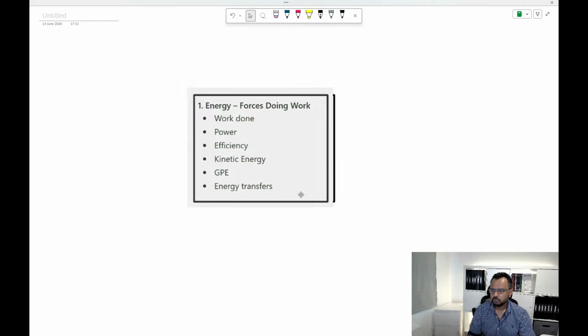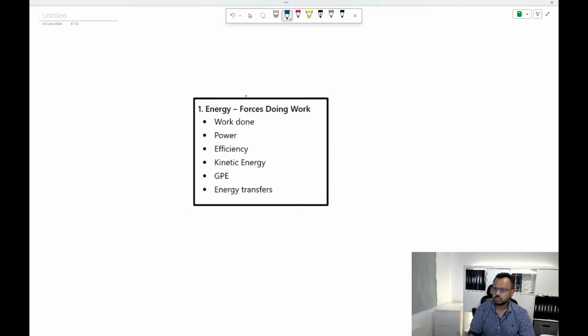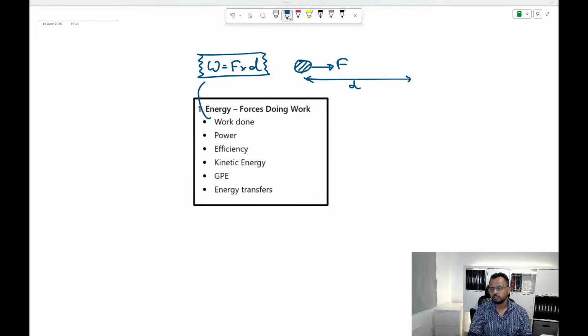So, energy, forces, doing work. So guys, work done is force multiplied by distance. Now remember, in physics, you have an object, say the force is F, and you move it through a certain distance d. The work done is given by W is equal to F times d. Now remember, this can be a little confusing because moment is also force times distance.